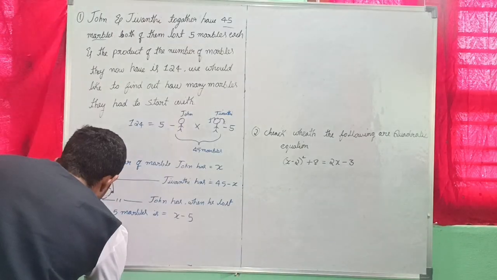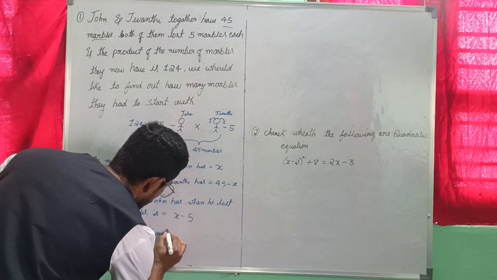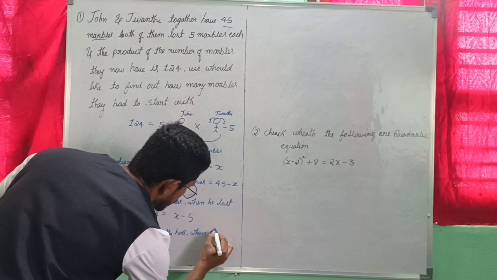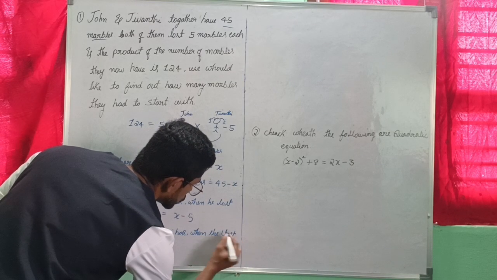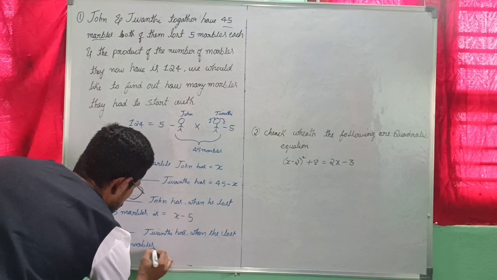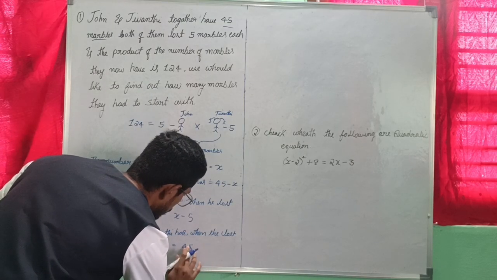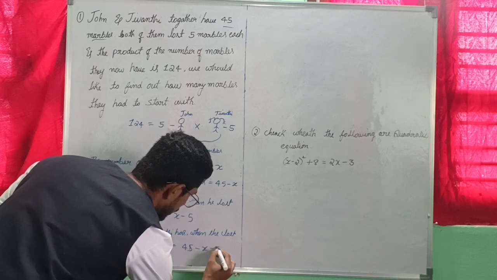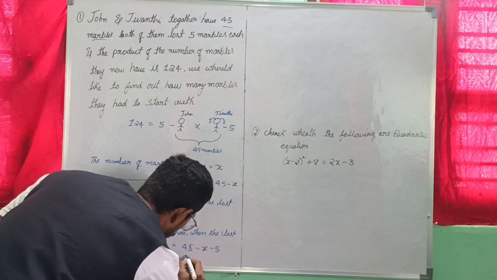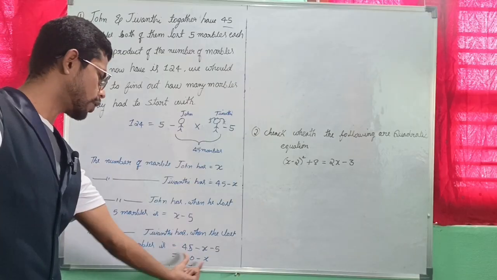And the number of marbles Jivanti has when she lost 5 marbles is 45 minus x minus 5, which equals 40 minus x, right? 45 minus 5 is 40 minus x.